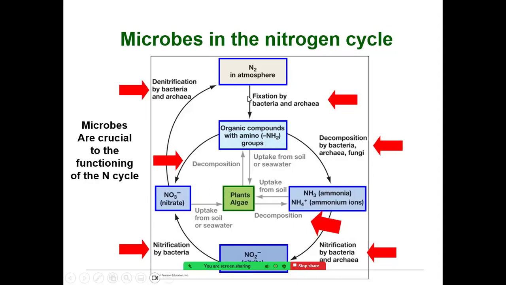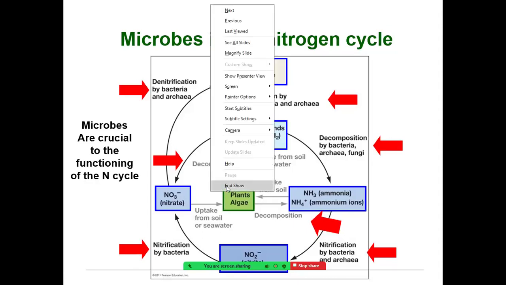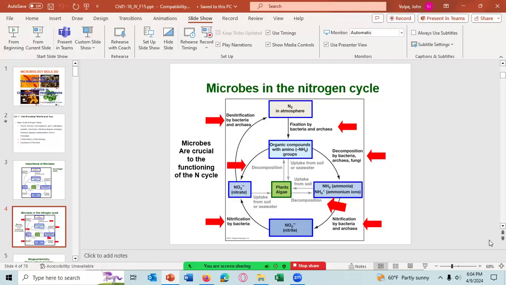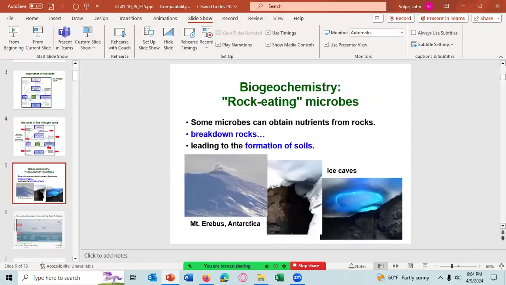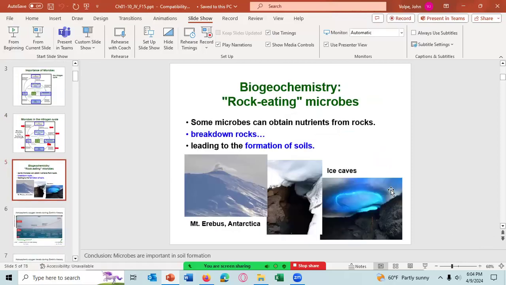But all of the other steps use a microbe. And so microbes are critical for the functioning of the nitrogen cycle. Any question about any of that? The point is we wouldn't have the nitrogen cycle without microbes. So microbes are important in the nitrogen cycle.